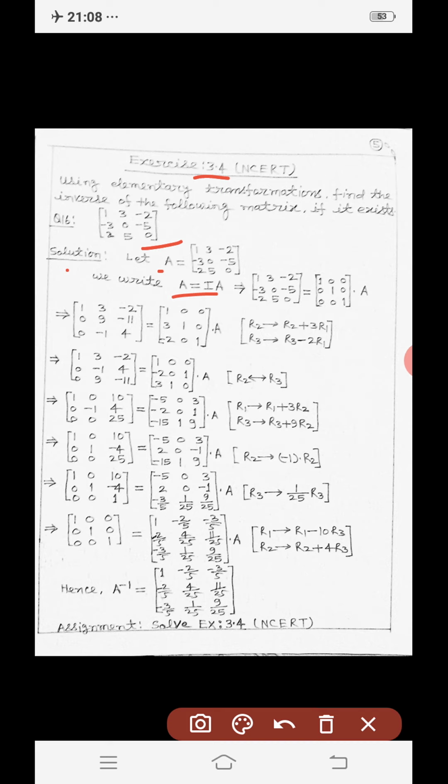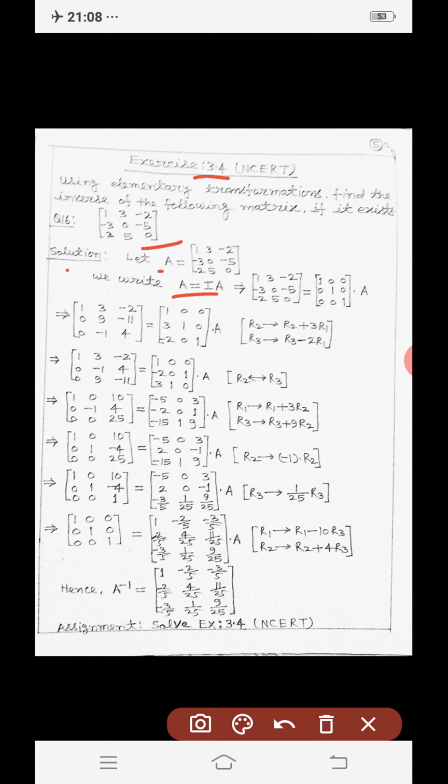So here we use the form A is equal to IA, and this is the form of row transformation. Then here we use only elementary row operations throughout.